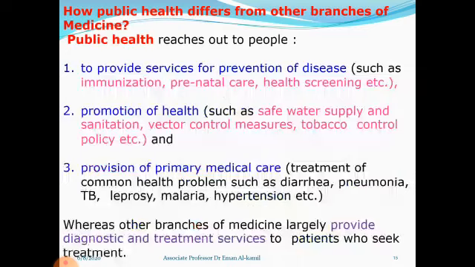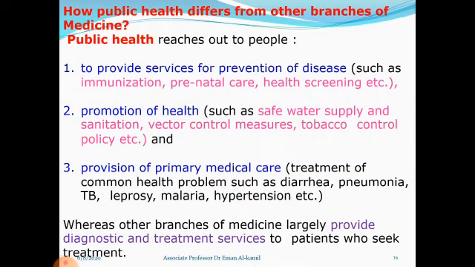How does public health differ from other branches of medicine? Public health reaches out to the people. It is concerned with reaching people on different levels, those who cannot consult healthcare services. So through public health, we catch these people who cannot come and use the healthcare services.